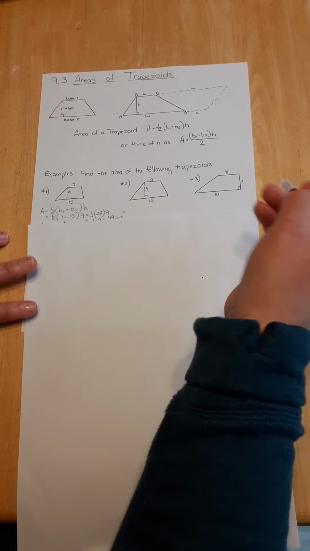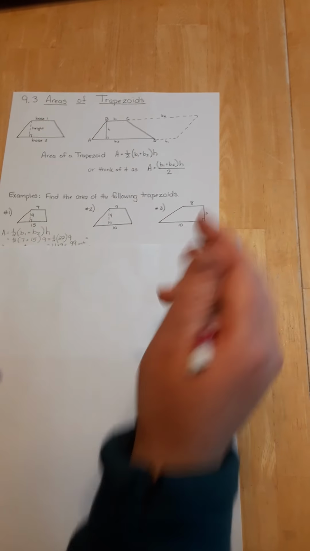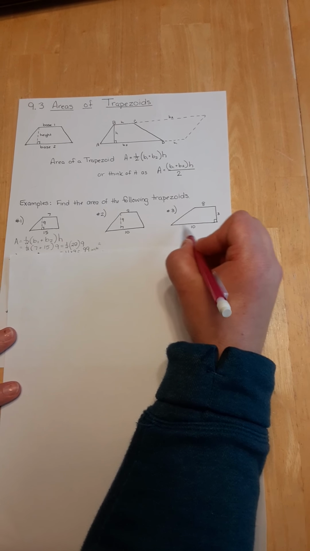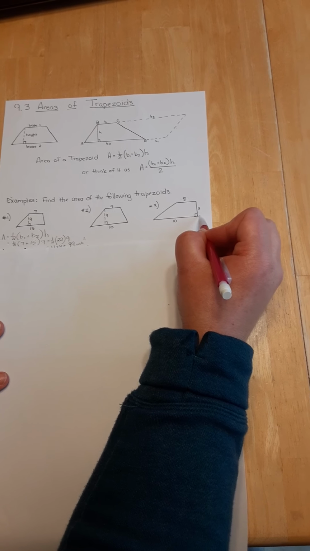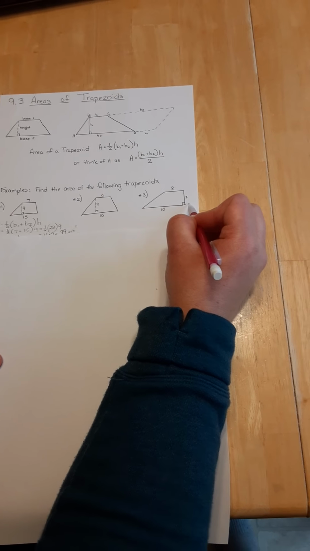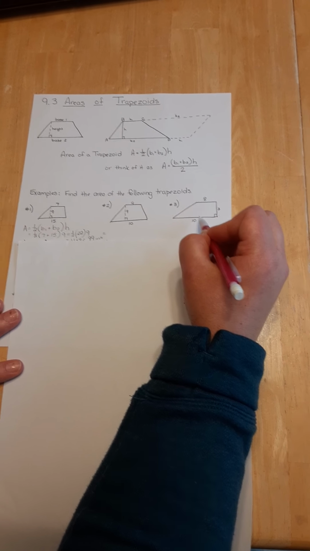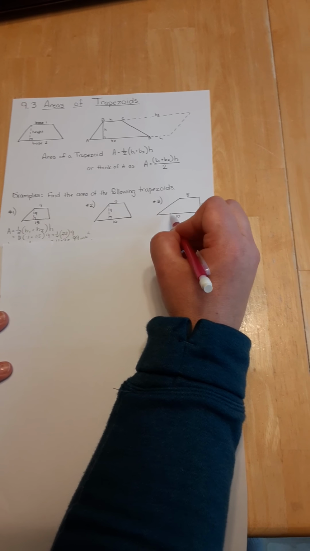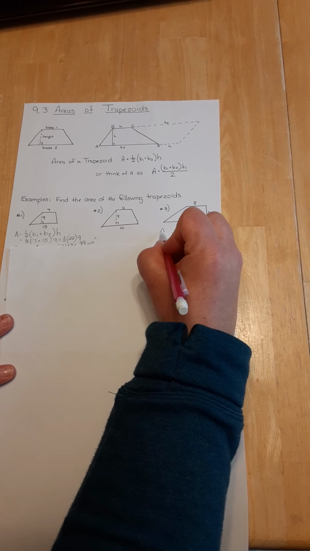Let's look at number 3. Number 3 is the same equation, but it looks a little different. Our shape does because our height is on the right side. It's not in between here, but we know this has to be our height because it is perpendicular to the base. So let's put it into the equation.